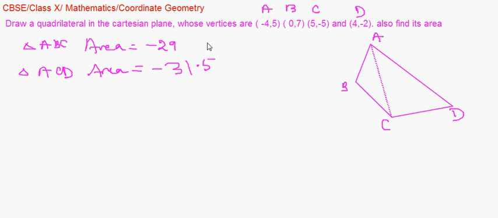Areas cannot be minus, so let us take it as 29, and here also you can keep it as 31.5. When you add them, your answer will actually be somewhere around 60.5 square units.